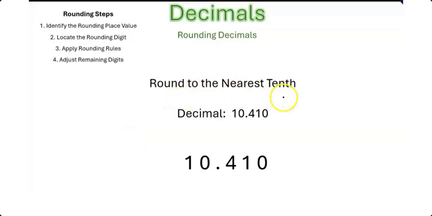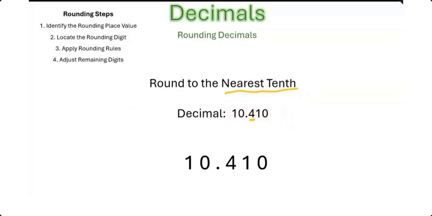Round to the nearest tenth. Okay, let's look at our number. The first thing we have to do is find the tenths place. Well, I know, and you should know by now too, that the tenths place is right beside the decimal point. So we know that that's where we want to round to the nearest tenth.